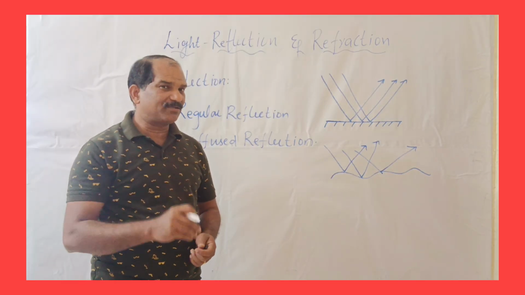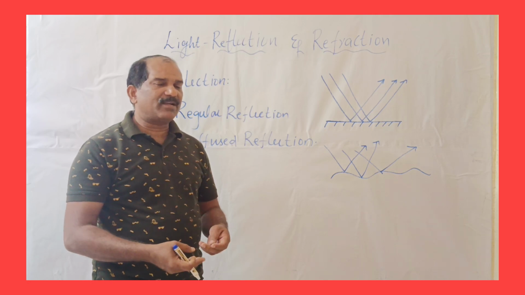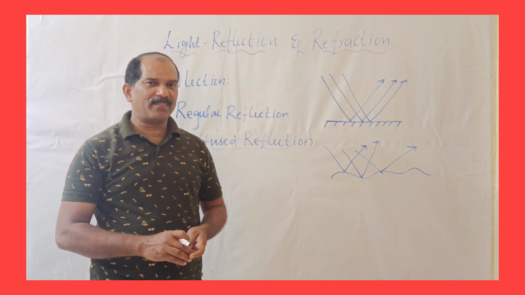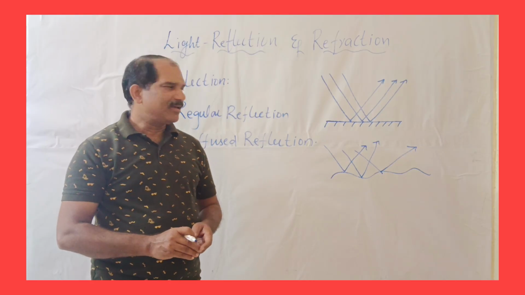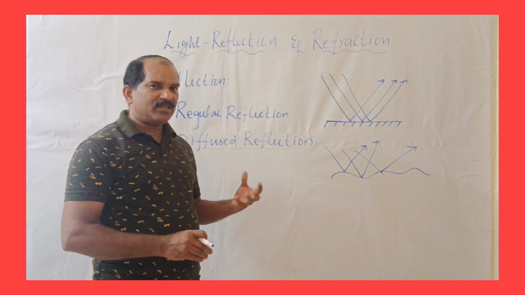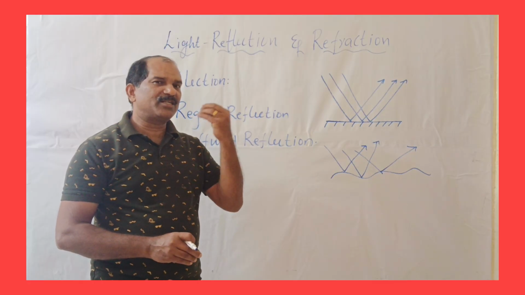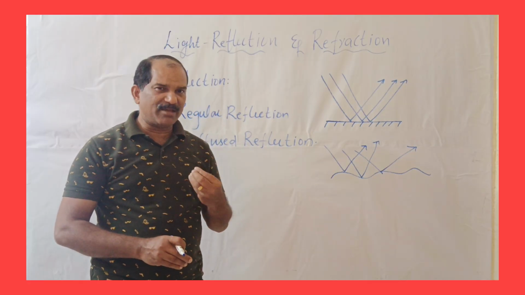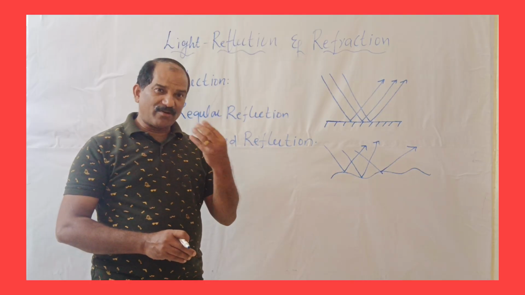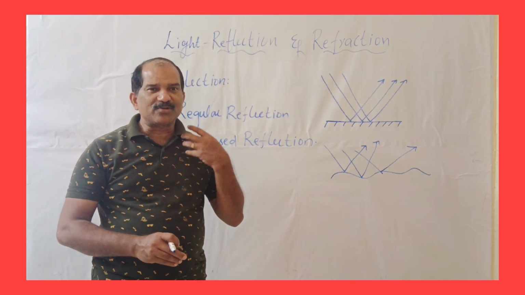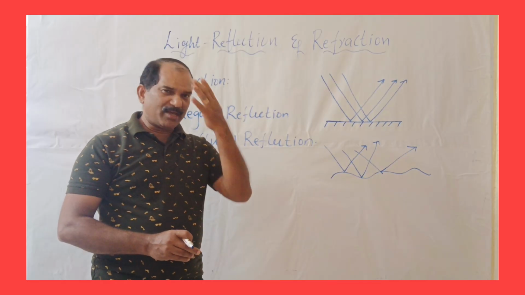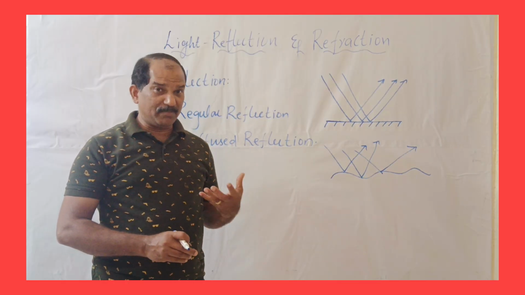Then I will ask you one question. Because of which reflection are we able to see the objects? Can anybody say? Okay, it is because of diffused reflection. From our face the light should reflect. If you want to see my face on this camera, light should fall on my face and reflect towards the camera, then only the camera will capture it. My face is not just like a plain mirror.